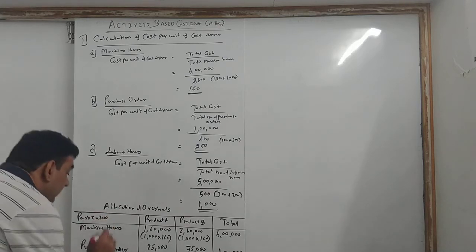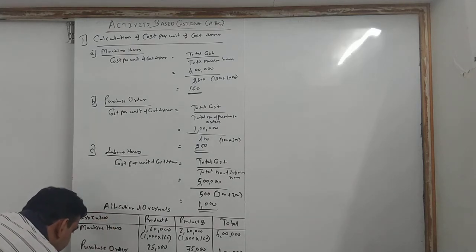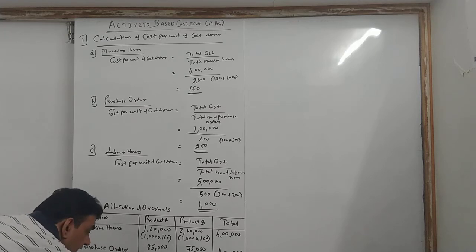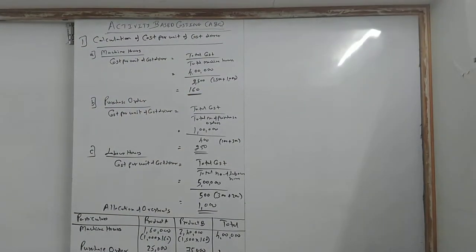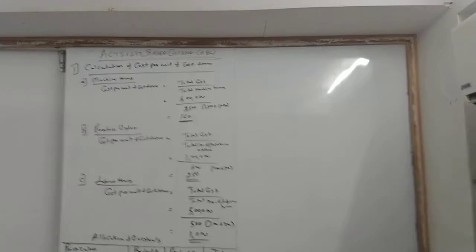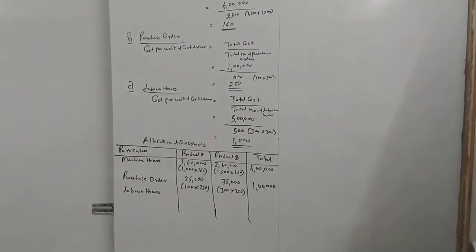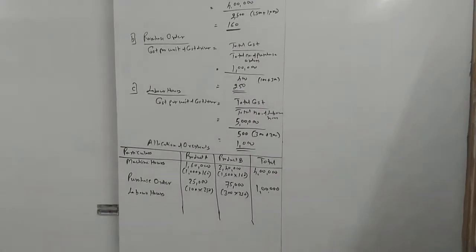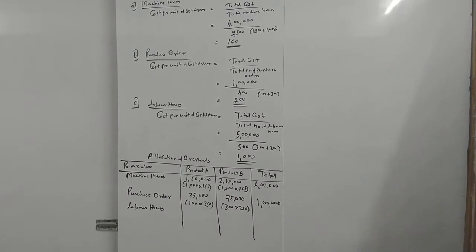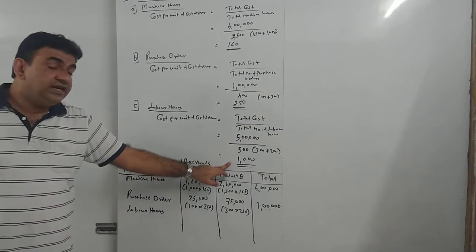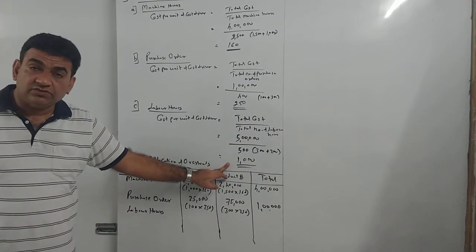Then the last one, labor hours. Now what we'll do for labor hours, I hope the camera is clear. I changed the angle a bit. Sorry. What do I do for labor hours? See now, how much is the per unit driver? 1000.